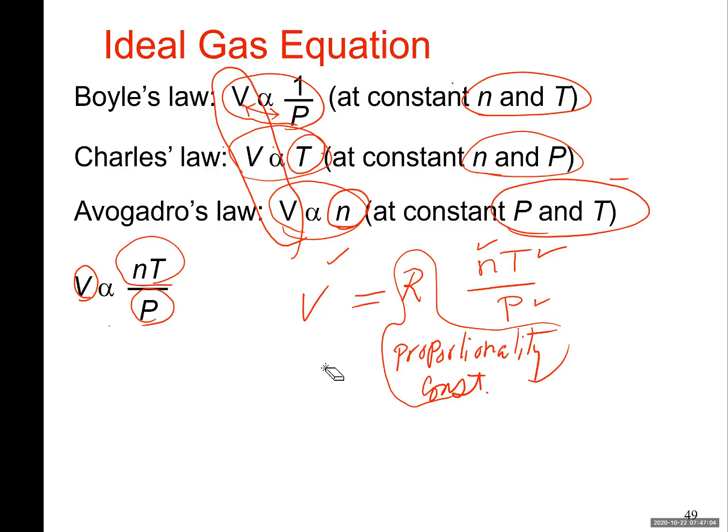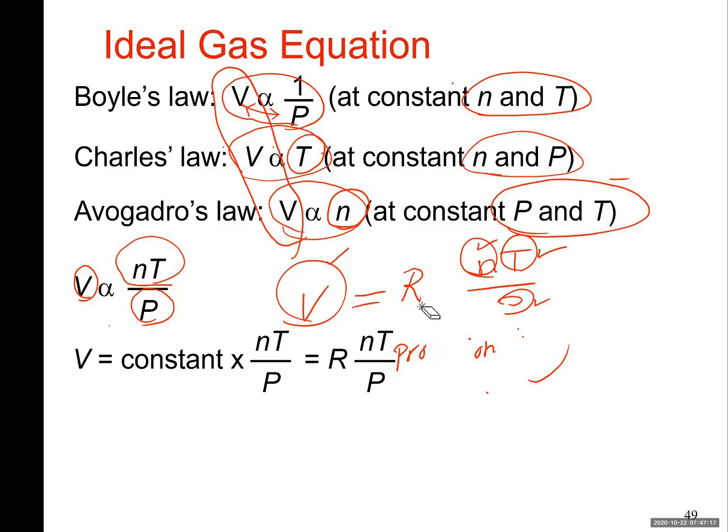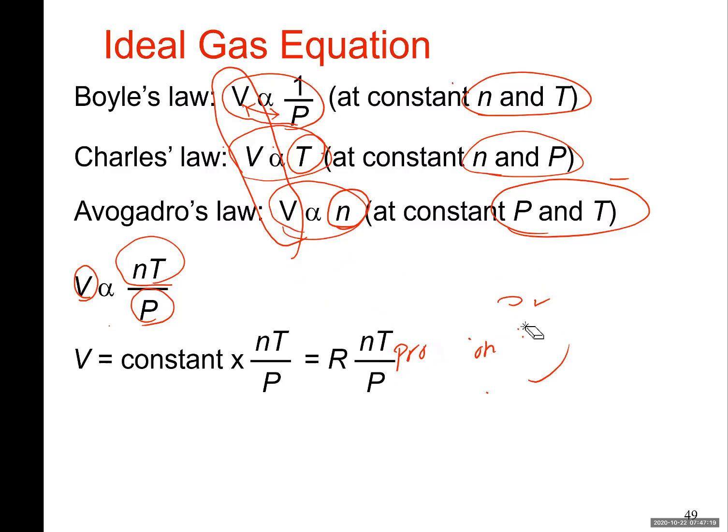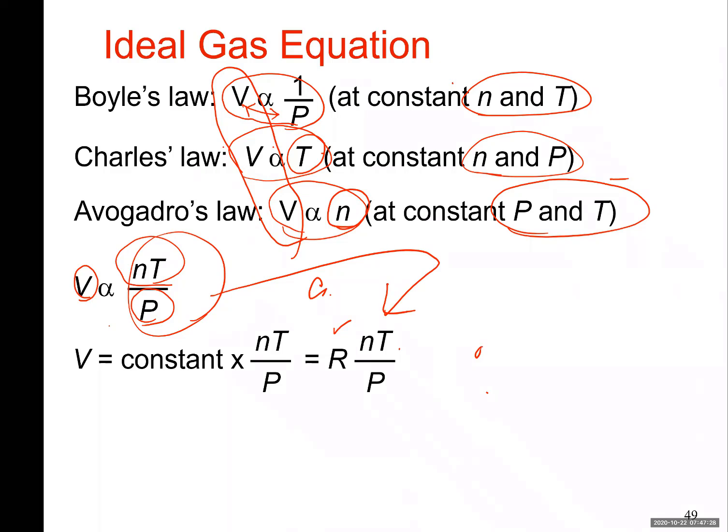So let's see how I can calculate R. If it is a constant, then I have an equation which is relating all the properties of gases together, and that would be a very useful equation. So this is NT over P. This is the proportionality constant, which I was talking about.